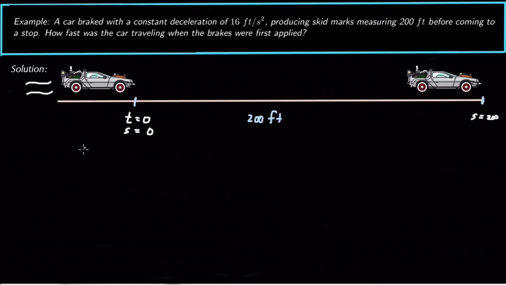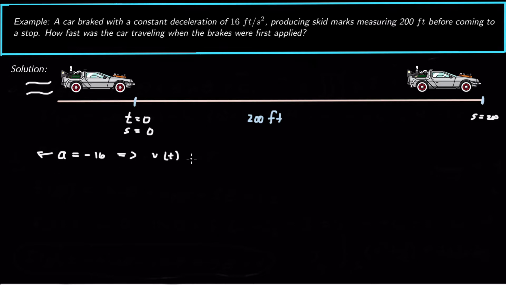Now, what do we do to try to solve this problem? We're given an acceleration, and the acceleration is 16 feet per second squared in the other direction. So the acceleration is actually in this direction, and it's negative, so we'll call it negative 16. If we want the velocity, we can just integrate the acceleration.